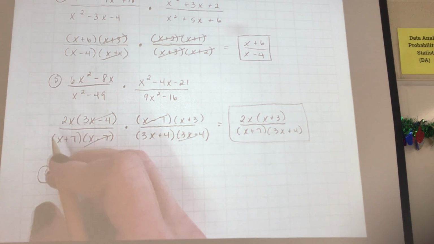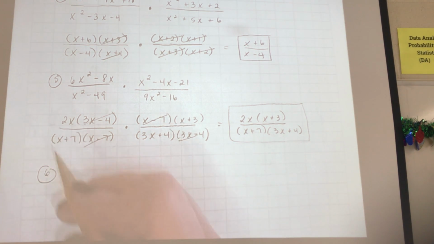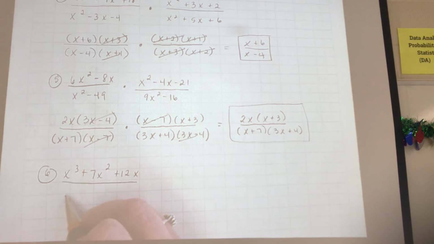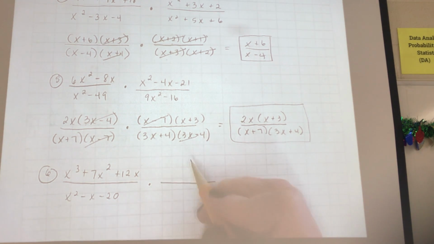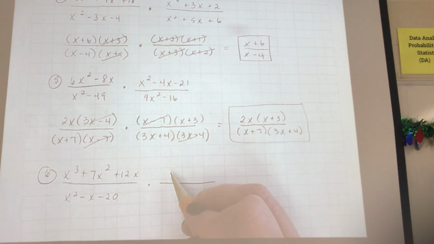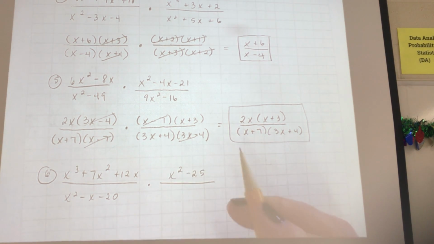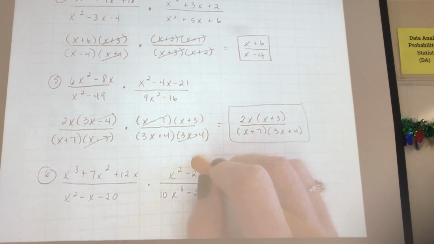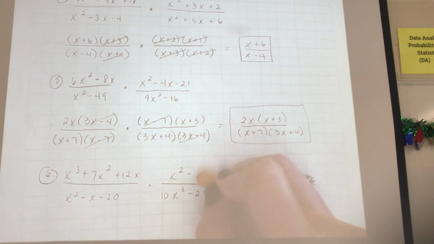Let's do another one of those. I'm going to change this numerator to 16.